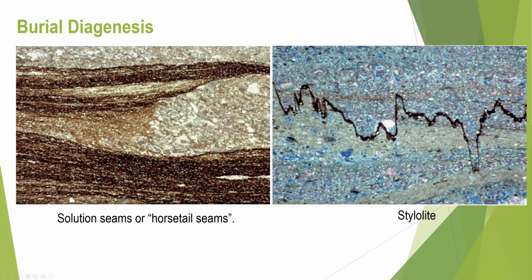Again, this part shows the solution seams. They show also the chemical compaction of carbonate and also physical compaction. Stylolites in carbonate: we can see this type of feature in thin section, which shows us we have compaction here.